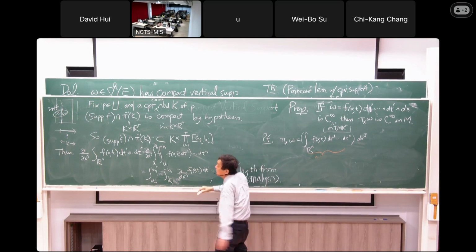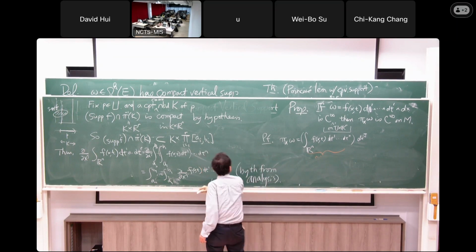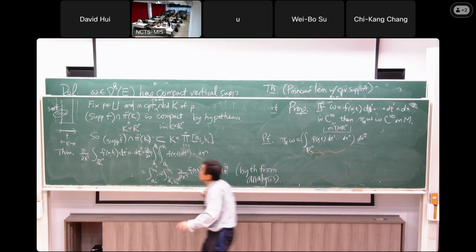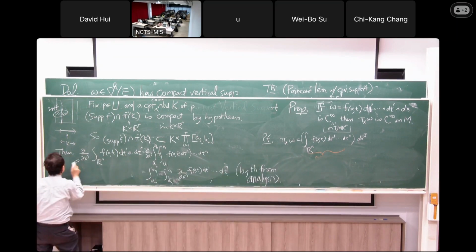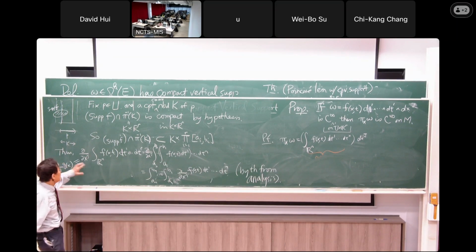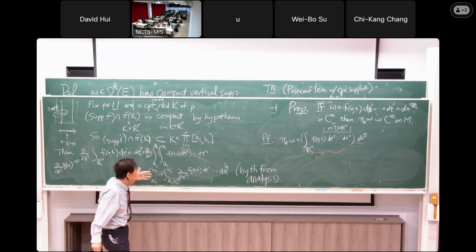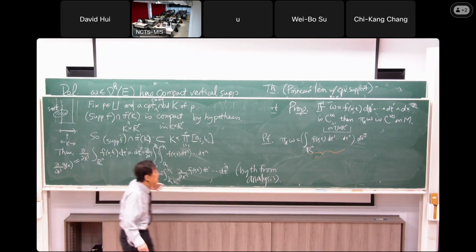And therefore, this function, this is what we call the x_j derivative of g(x). So you can keep differentiating by bringing the derivative under the integral sign, and therefore g(x) is C infinity.